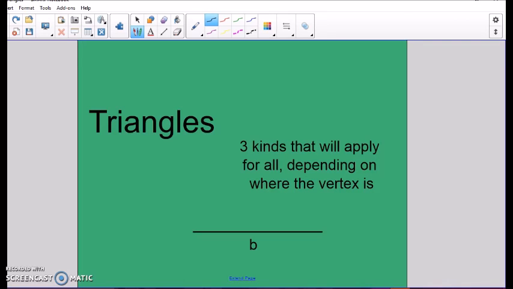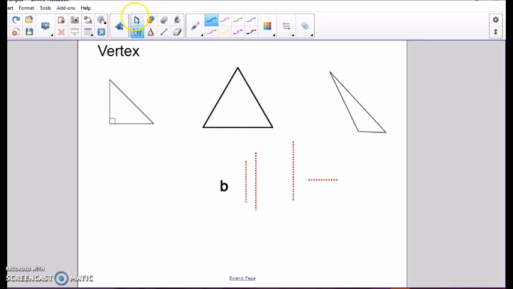Okay. So for triangles, there are 3 kinds that will apply for all triangles, depending on where the vertex is. For all these examples, we have a base, and that's what's going to be the same for all of them. It's just going to be the height that will change. Let's declare our bases first. These are going to be my bases.